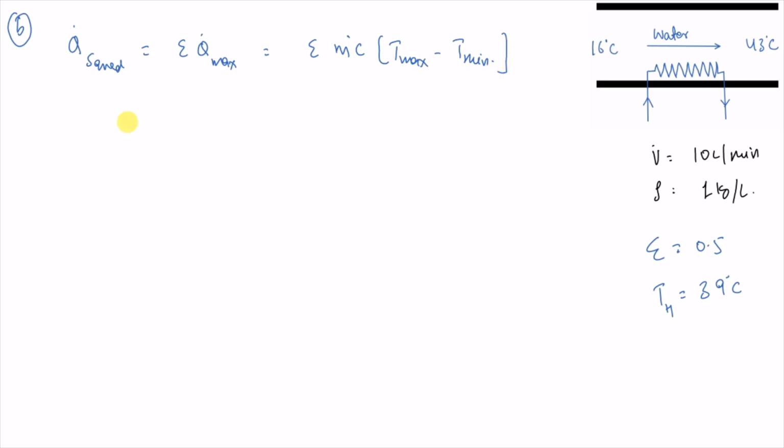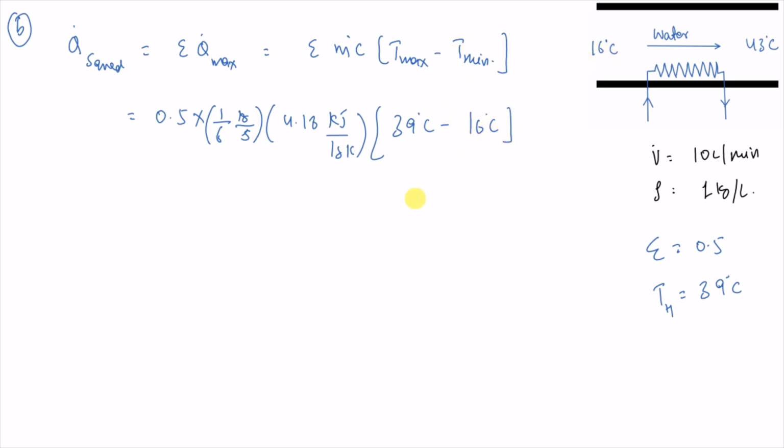So effectiveness we are given as 0.5 times m dot, we have 1 by 6 kg over second, times C, we have 4.18 kilojoule over kg Kelvin. T max here will be TH, that is 39 degrees Celsius, and T minimum we have 16 degrees Celsius. So we're going to solve this and we'll get the value as 8 kilowatt. So this is the amount of energy saved.